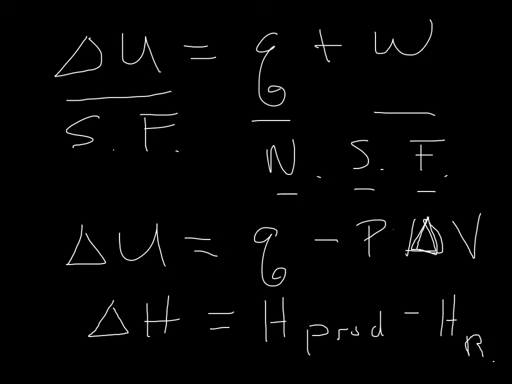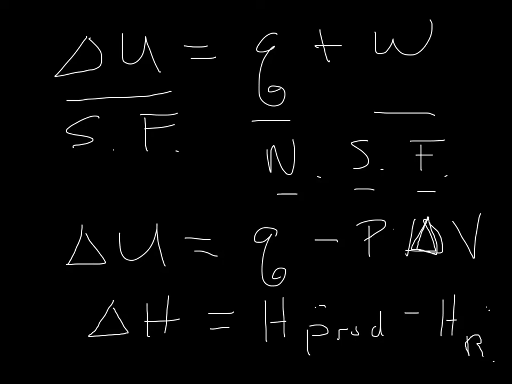So we see that delta H in reality is a state function because it only depends upon the enthalpy of the products, which is the final state, and the enthalpy of the reactants, which is the initial state. We take the difference of the two, we get delta H, and delta H we now know is equal to Q sub P.